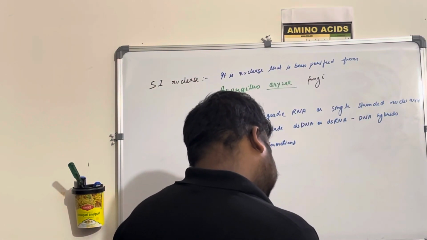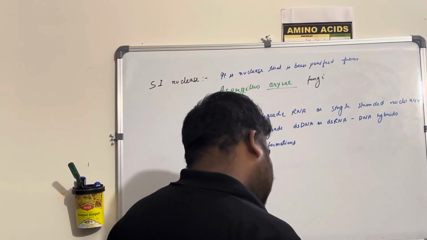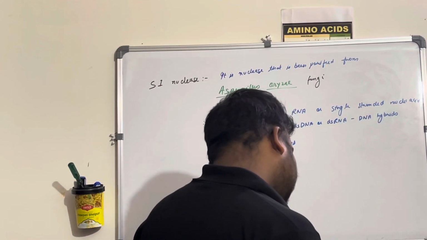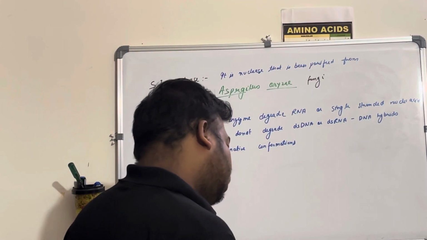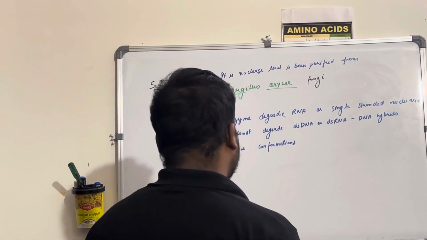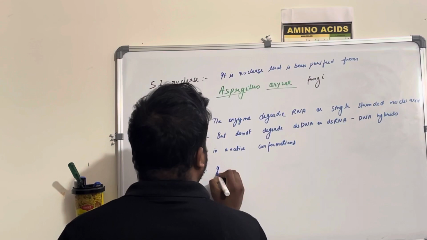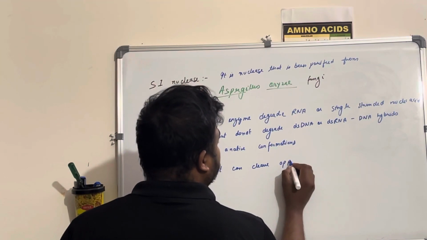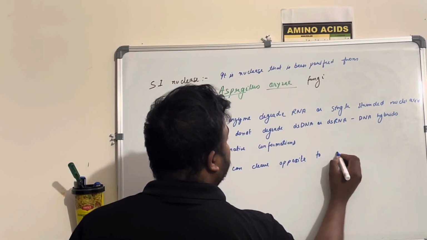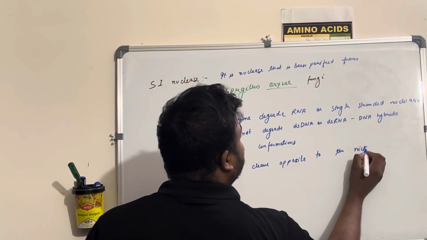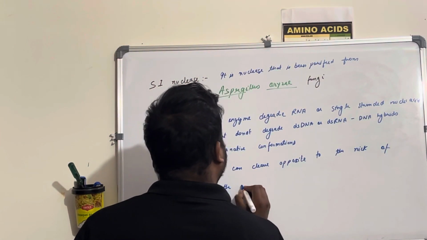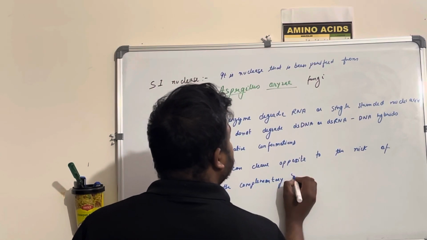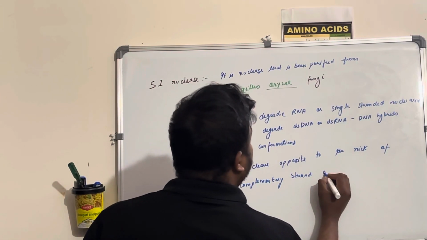Thus its activity is similar to the mung bean nuclease. Okay, the enzyme will also cleave a strand opposite a nick on the complementary strand of nucleic acid.